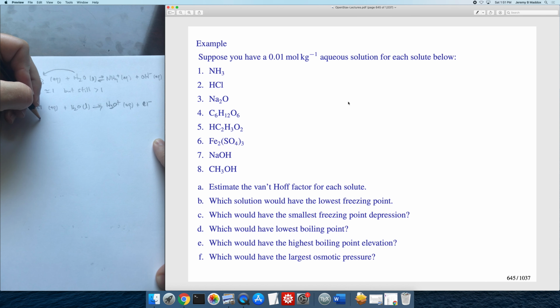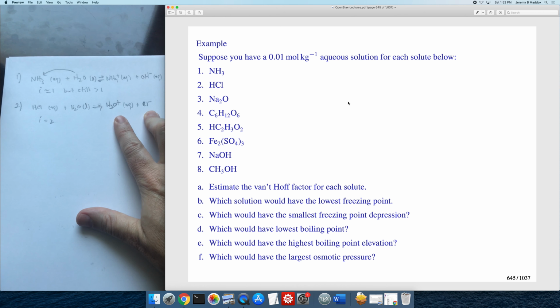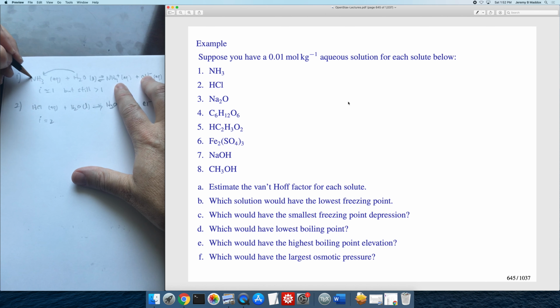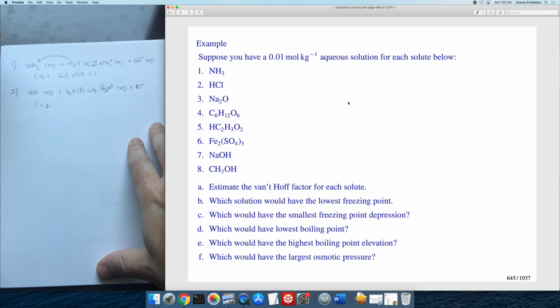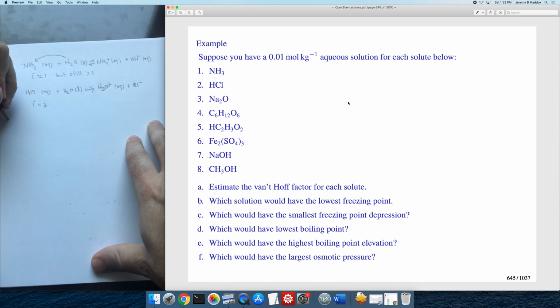So here we would take i, the Van 't Hoff factor, to be equal to 2, because there's 2 ions that form for every formula unit that dissociates here. For ammonia, for each one that dissociates, you get 2. However, not all of them dissociate. For number 3, we recognize that as an ionic compound.